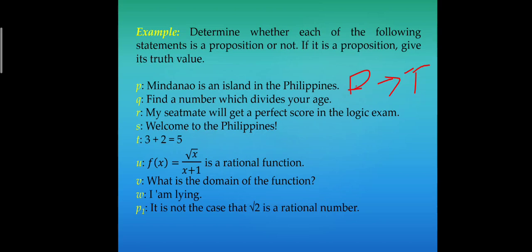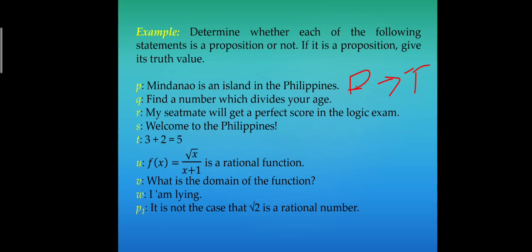However, it is stated that square root of 2 is a rational number. For it to be a rational number, square root of 2 can be expressed as a quotient of two integers, meaning as a fraction. For example, 1/2, 1/4, 1/3.